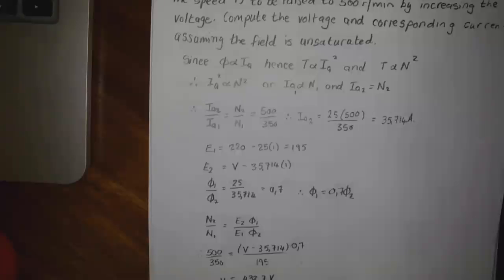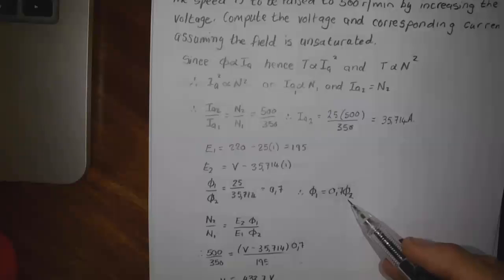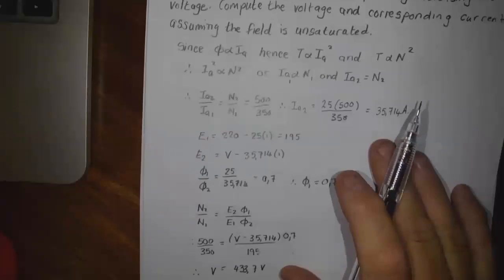So that gives us 0.7, and therefore flux 1 is 0.7 flux 2. Now if we stick it into the formula of N2 over N1 is E2 flux 1 over E1 flux 2, we calculate V to be 433.7 volts.